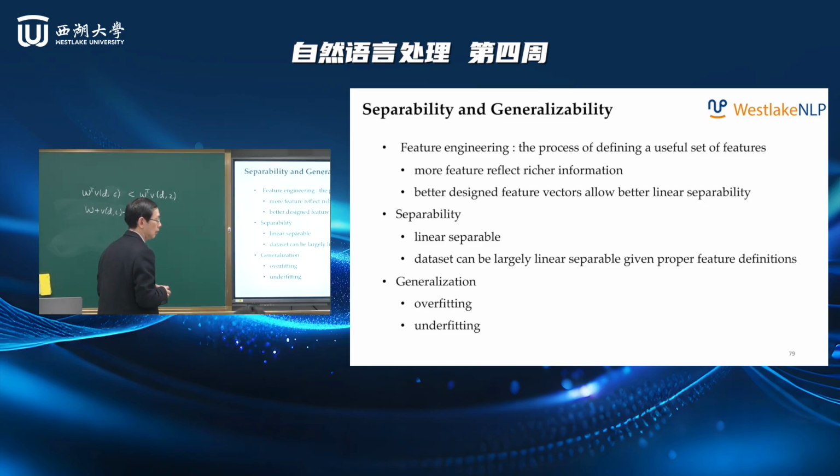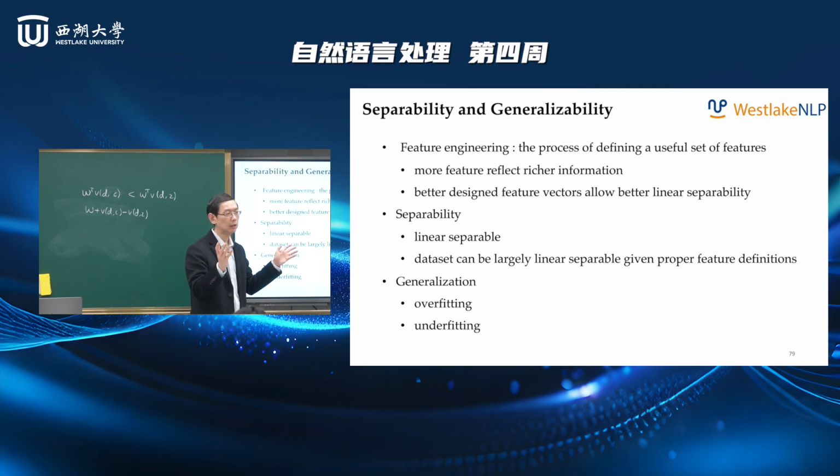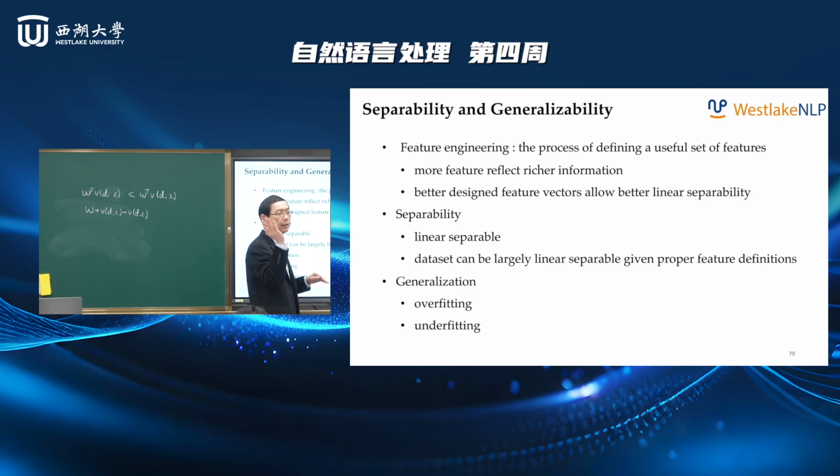Okay, so there are two concepts in machine learning. One is called separability. I already introduced that to you, right? If your training data are separable by a hyperplane, it's linearly separable. We will build models that are more powerful than hyperplanes later.